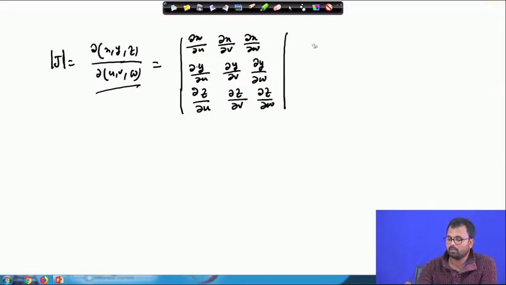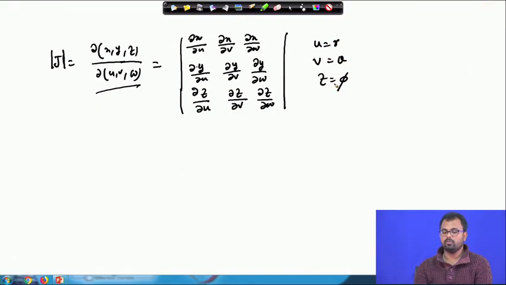Here u is basically r, v is basically theta, and w is basically phi. If we differentiate x, y and z with respect to r, theta and phi, we can calculate this whole determinant, and it will result in r square sin theta. This task is very simple, and therefore I leave it to the students to calculate.